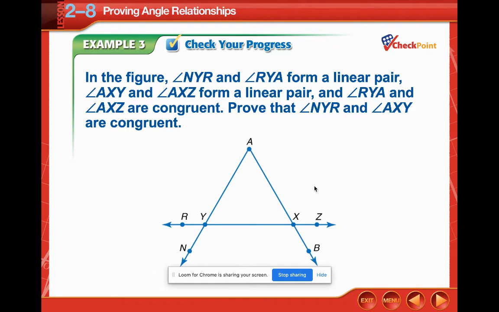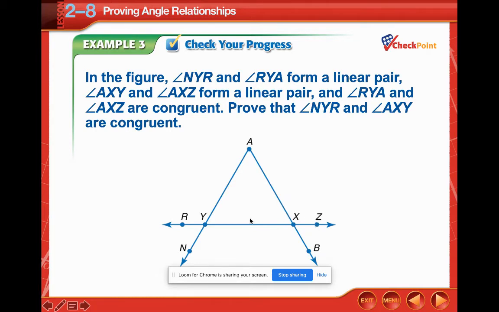Okay. Check your progress. In the figure, NYR and RYA form a linear pair. Hold the phone. That means they are supplementary. AXY and AXZ form a linear pair. Hold the phone.